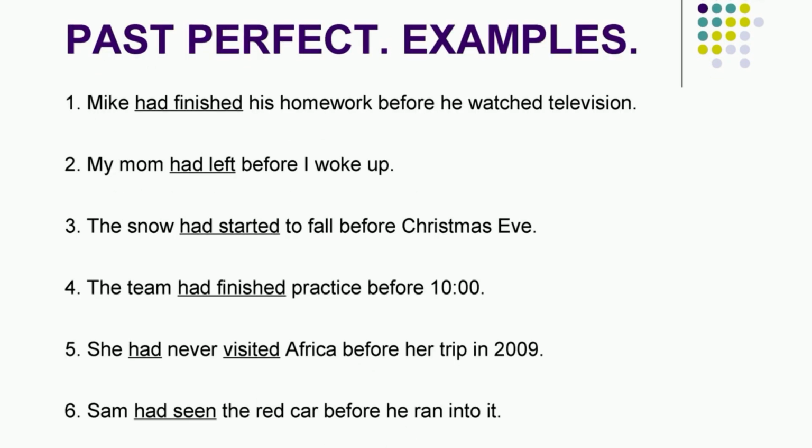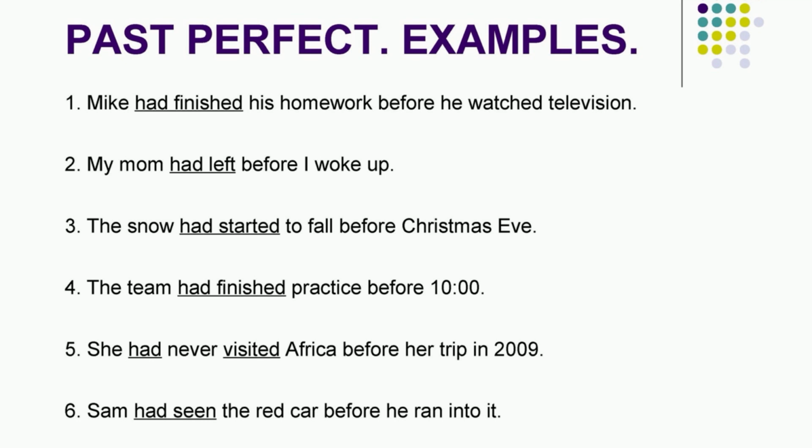Past perfect examples: Mike had finished his homework before he watched television. There are also two verbs in this statement. Had finished is the first one and watched is the second one. My mom had left before I woke up. We can show a specific time here.